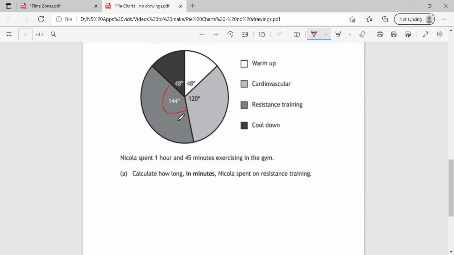Okay, so that's 144 degrees, and we're trying to work out the value of that if she spent 1 hour and 45 minutes in total. We want to give the answer in minutes, so this total we're going to want to write in minutes. So 1 hour 45 is obviously 60 minutes, plus 45 is 105 minutes.